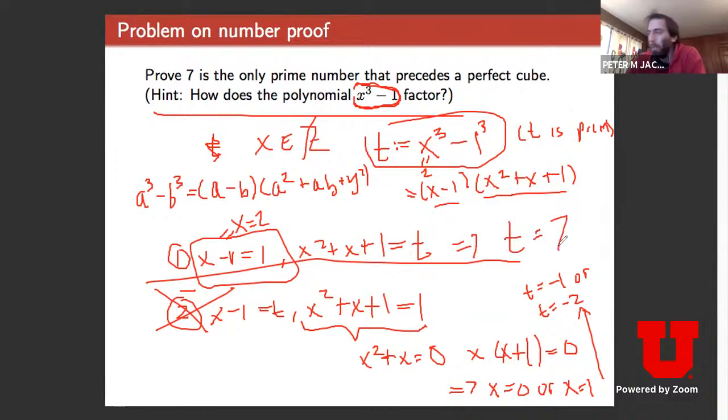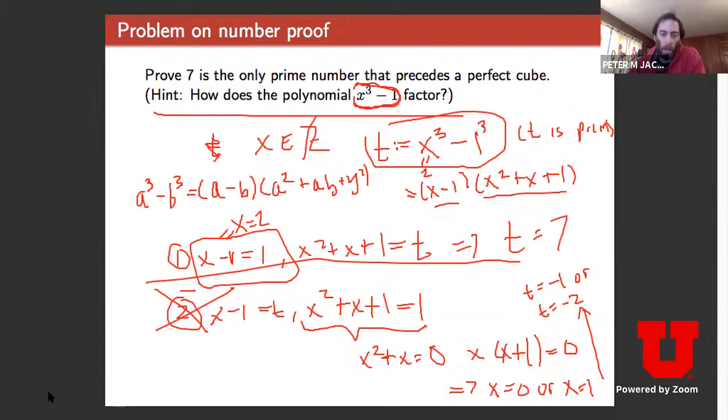So again, the framework was we took an arbitrary perfect cube minus 1. We claimed it was prime, and we showed that it must be 7. And therefore, we have concluded that the only perfect cube minus 1 that is prime is 7.